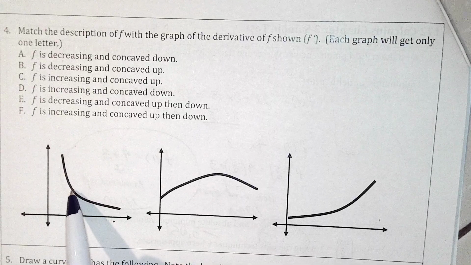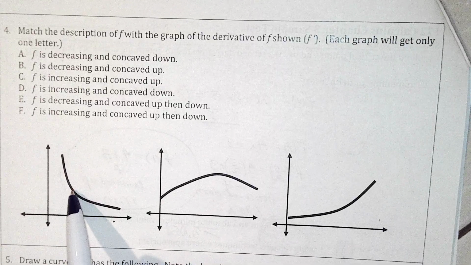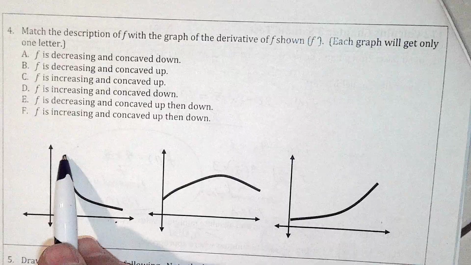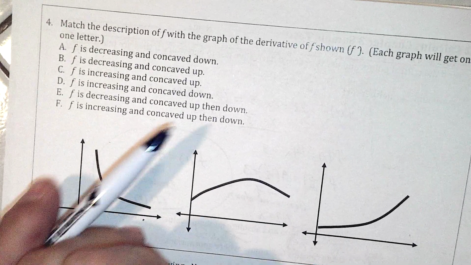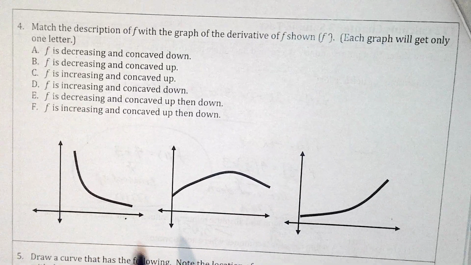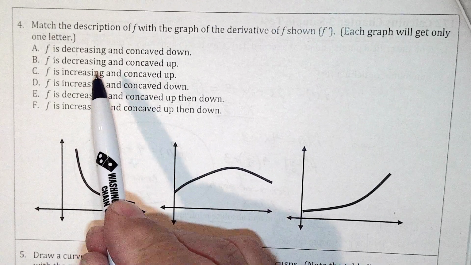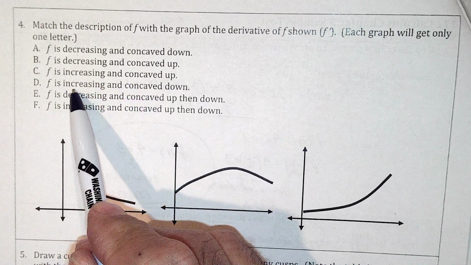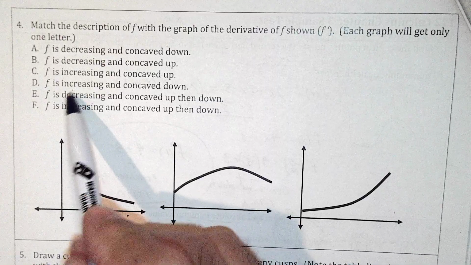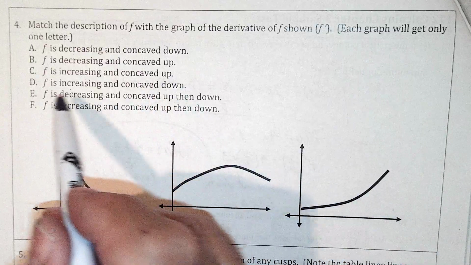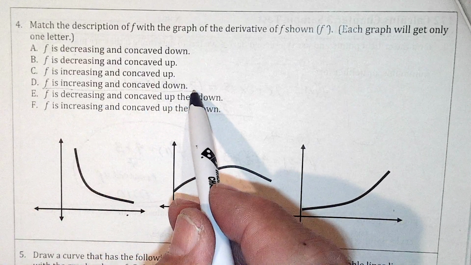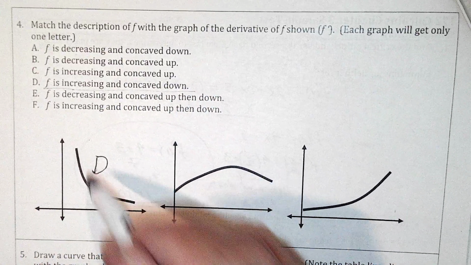So the slope of f is always positive. It's really a big positive, so it's a steep slope getting to be less steep, but still going. So f is increasing because it's positive slope, and it gets less and less steep, so it's got to be concaved down. So this is D.